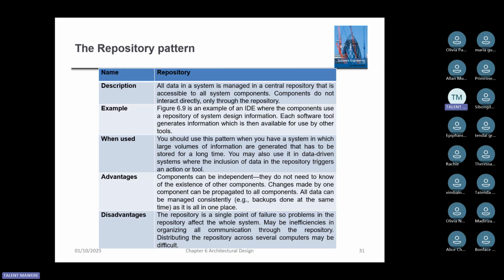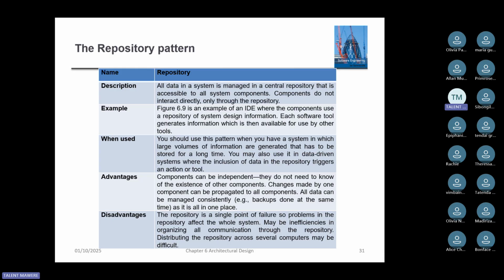You use it when you have a system in which large volumes of information are generated that has to be stored for a long time. You may use it in a data-driven system where the inclusion of data in the repository triggers an action. What are the advantages? One component can be independent.